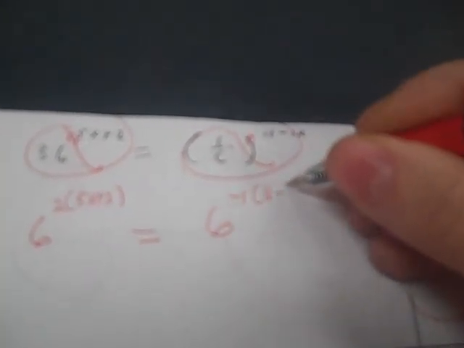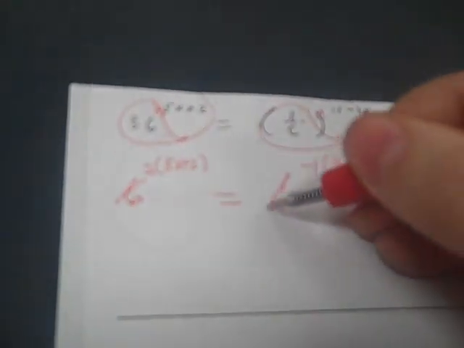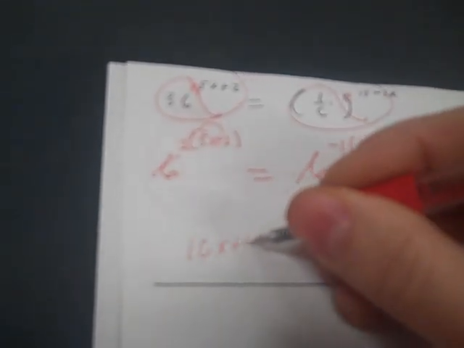Now over here, this was not 6. It was 6's reciprocal, so I need to put a new power, and I'm going to put a negative 1 power. Parentheses 11 minus 1x. And that's 10x plus 4.